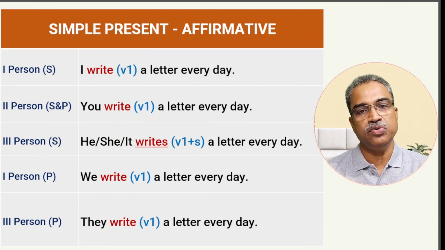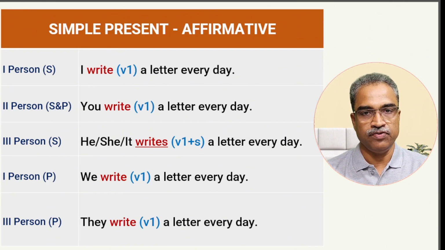So let's come to simple present affirmative. When I say affirmative, you know it is a sentence which does not have any negative word like no, not, nothing, never. These are some of the negative words, and if one of these words is there, that is negative.